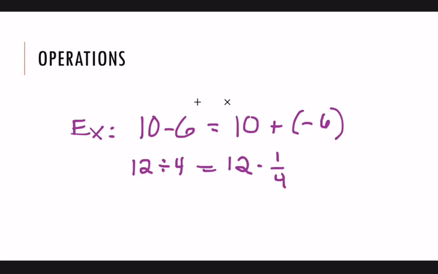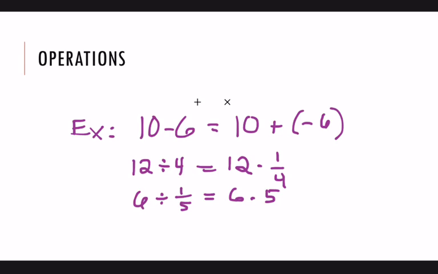Try it out on a calculator if you want to make sure. We can always rewrite a division problem as multiplication by a number's reciprocal. If we had 6 divided by 1/5, that's the same as 6 times 5/1, 6 times 5.